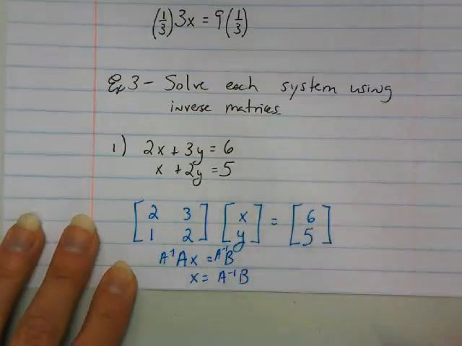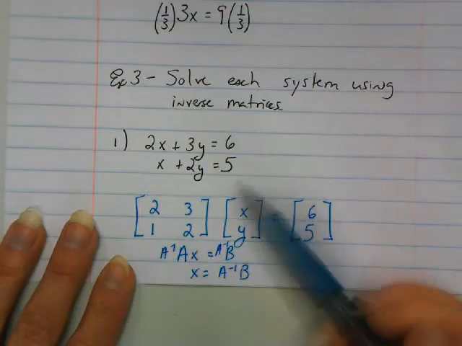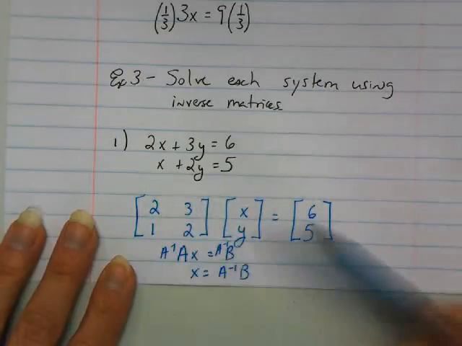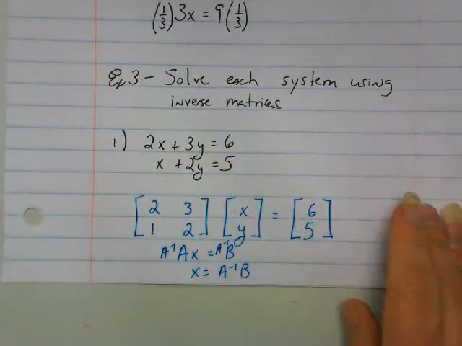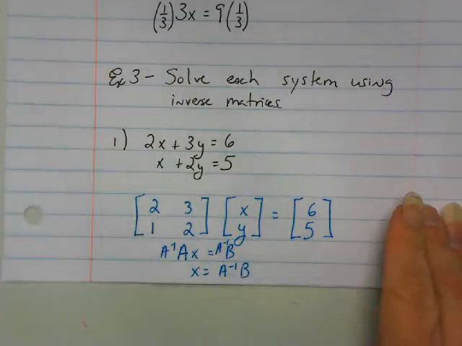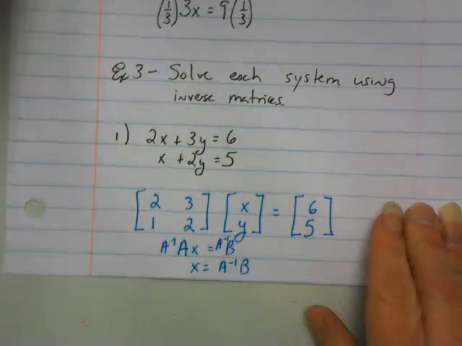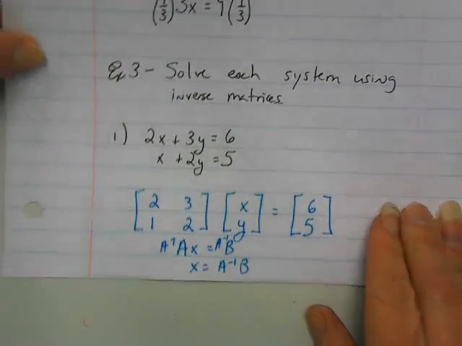I'm going to find its inverse and multiply both sides by it so that I can find the values of x and y. I understand we could solve this system by elimination, we could solve it by substitution, this is just another method. But you need to know how to do this one, in addition to all the other ones you already know.